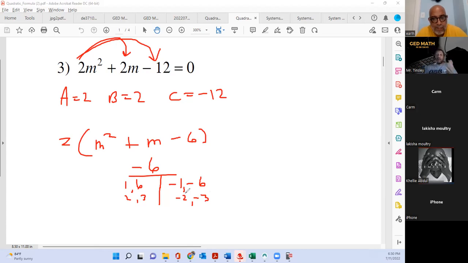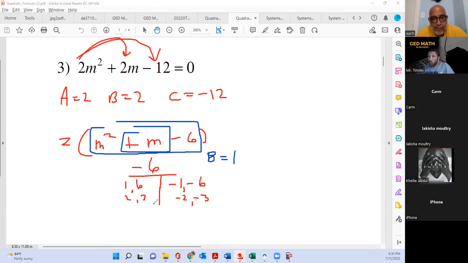So I found the factor pairs of negative 6. Now I have to find the factor pair that's going to give me B. B is equal to what? Remember, this is the new quadratic equation that we're working on, so B is 1. Oops.